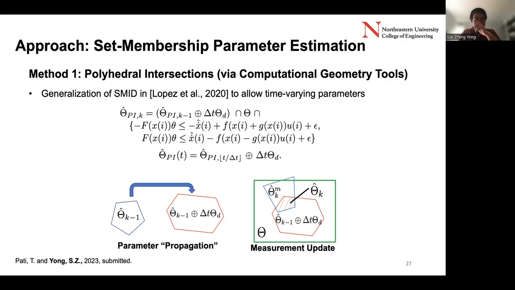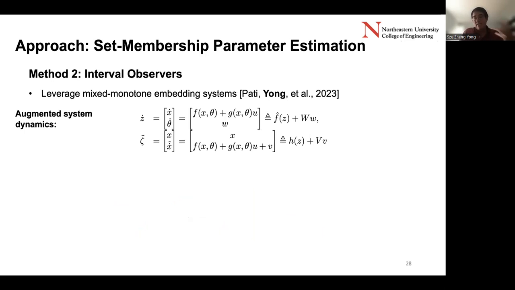This first method that I'm talking about here uses computational geometry tools. The second method, which might be more familiar to the people in the audience, is to use interval observers, which I introduced earlier because I wanted to use it here.